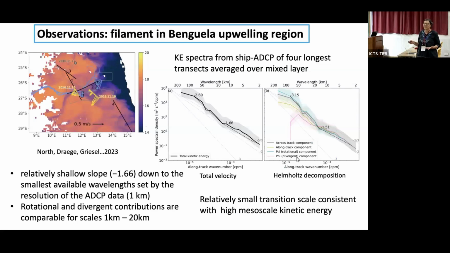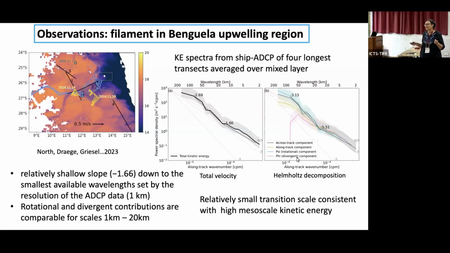Okay, so from our ship track data, we can also look at the kinetic energy spectra. They're averaged over several ship tracks and then also over the mixed layer depth. What we are finding is relatively shallow spectra that are actually close to -5/3 for scales below the Rossby radius. Arguably there is some steepening, but it's not really statistically significant.